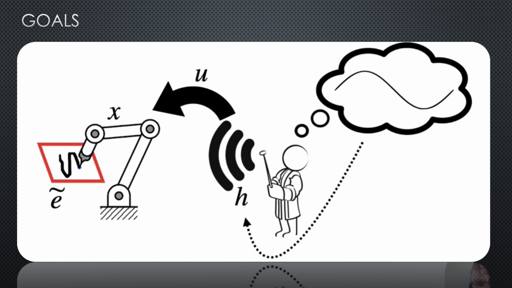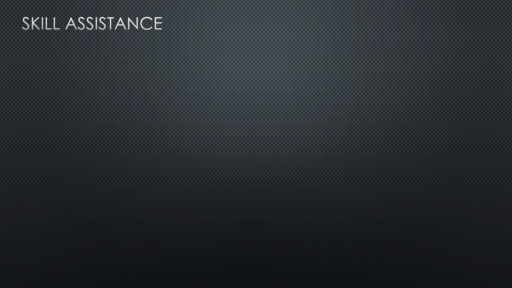The idea is that the operator controls the robot by means of a joystick. The joystick controls are represented by H, the control input is represented by U, and the state of the end effector of the robot is given by X.